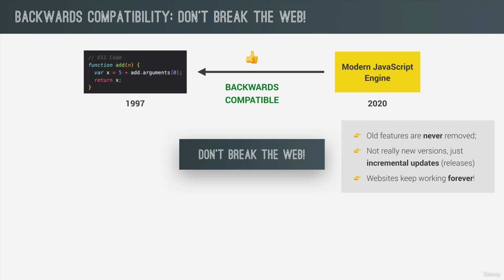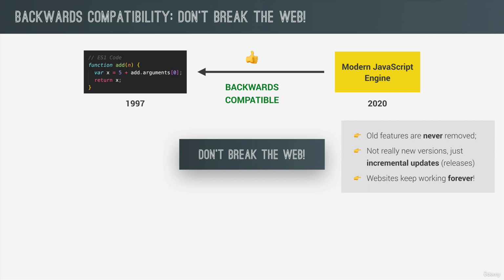The ECMAScript committee who works on updating the language does all this so that old websites basically keep working forever. Just imagine they removed some important feature that made a website from 2008 work just fine. If you then wanted to visit that page, it would be broken. And that's why we, fortunately, have the don't break the web principle.